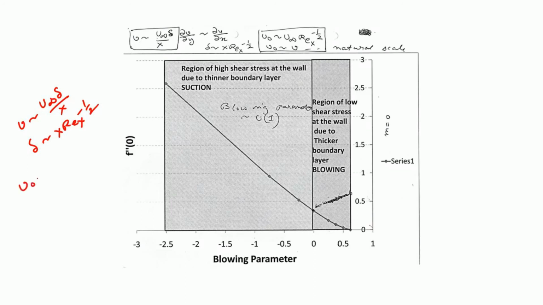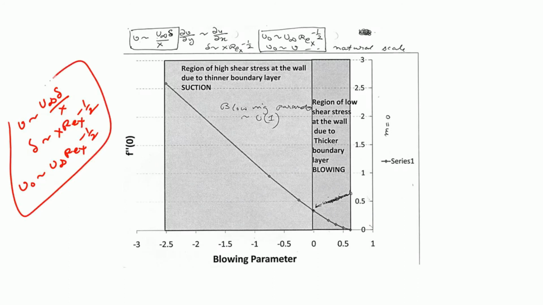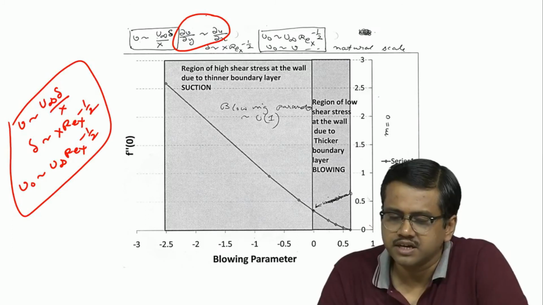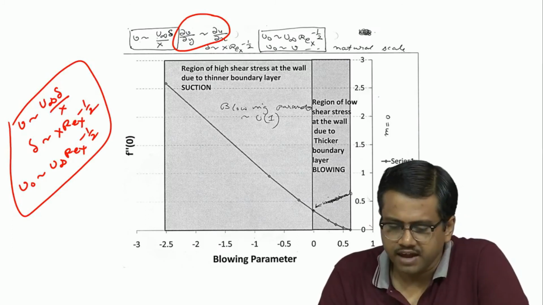So V naught was actually equal to u infinity into Reynolds number to the power of minus half. These are the 4 scales that I have written on the top of this, because the first scale comes from the fact that dV by dy is the same as du by dx, that is the continuity scale that we have.